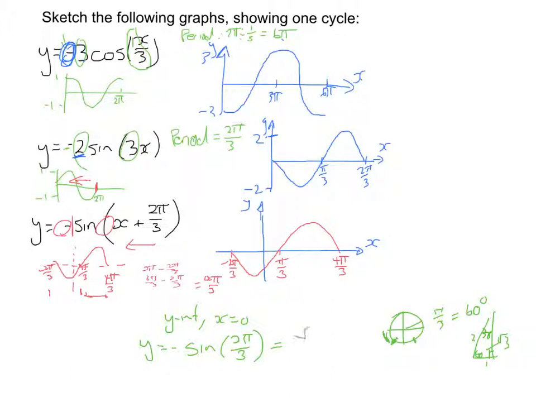Because of the negative sign in front, this is going to be our answer. So negative root 3 over 2 is going to be our y-intercept there. So the y-intercept occurs at 0 and negative root 3 over 2.